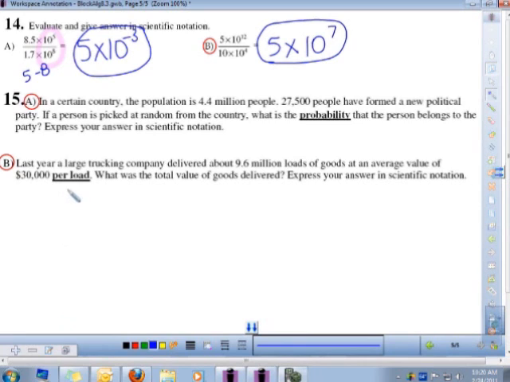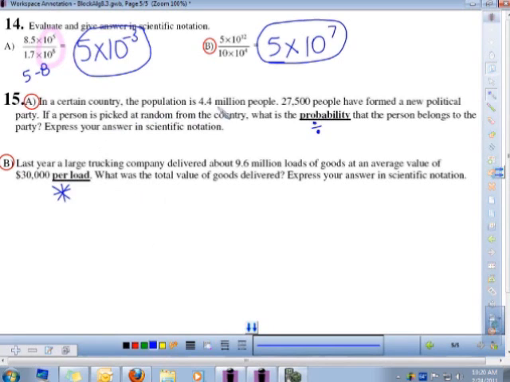He paid $3 per gallon for gas, each one. So how could I figure that out if I bought 10 gallons of gas? Multiply, exactly. So this one that says per is going to be the multiply problem. What is probability? Divide, exactly. So there's your clue for getting these problems right.